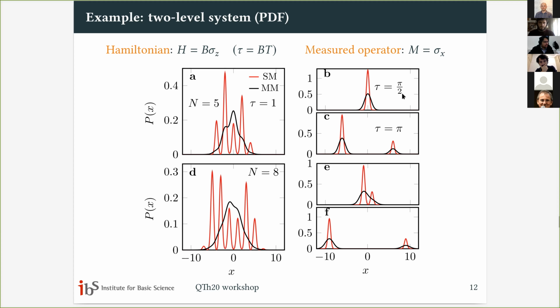And what you see here on these panels B, C, E, and F are for some very special values of this tau, which is your evolution time, where you still see the spread, but in these cases, one could actually get the analytical results out of it. This is for a non-typical value of tau here. So this is for 5 measurements, and this is what you see for 8 measurements.